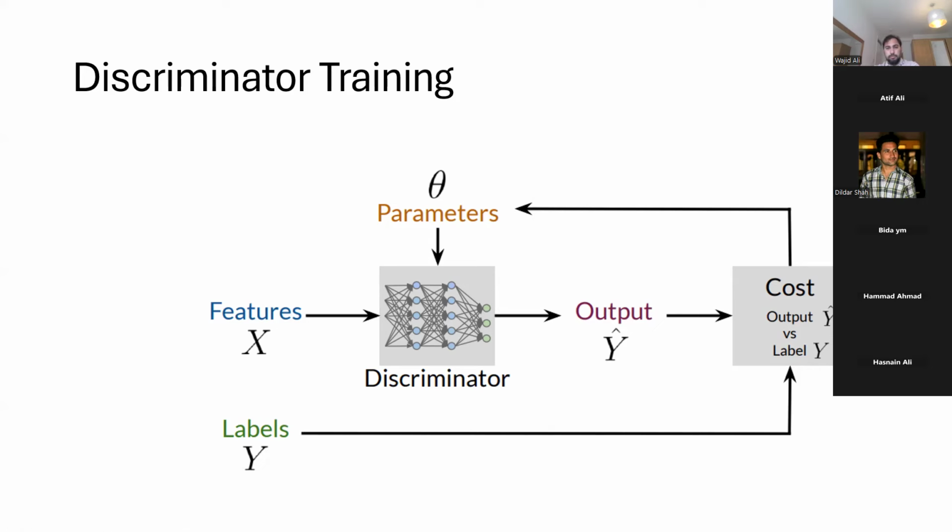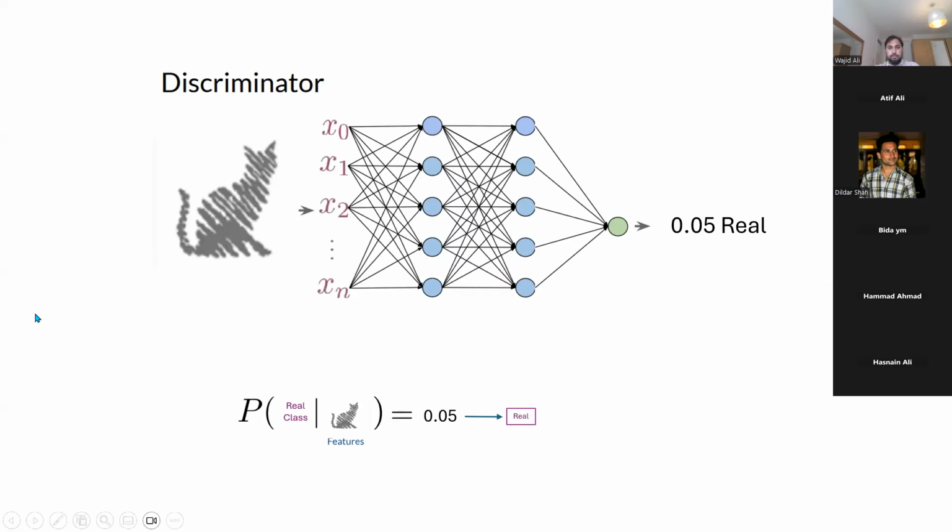So with time, the generator is getting better and better, but the discriminator is also getting better and better at identifying and classifying the images as either real or fake. So these are the image features.